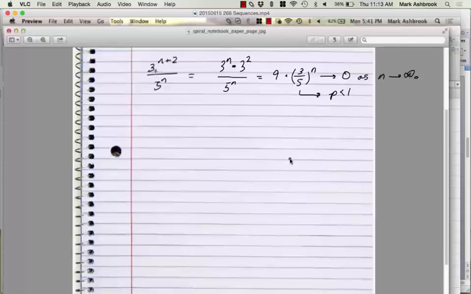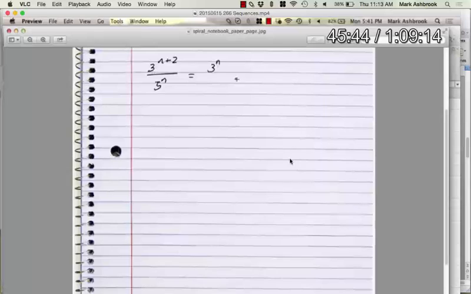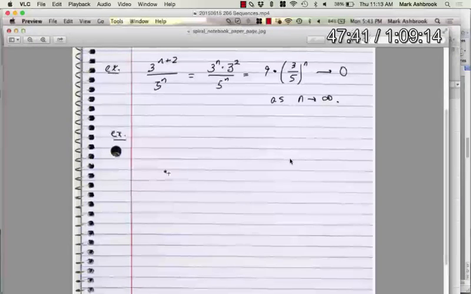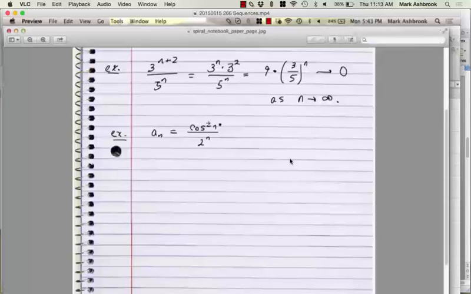That makes sense. Okay, here's a cool one: cosine squared n over 2 to the n.